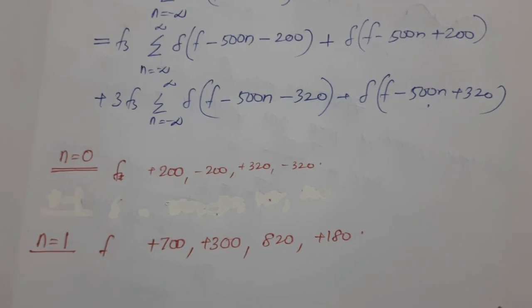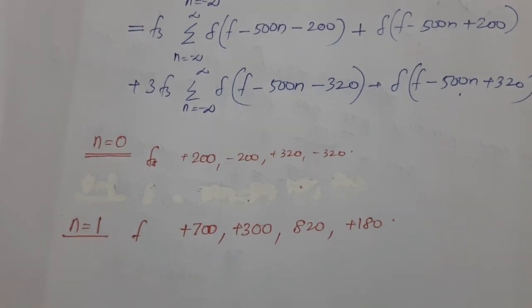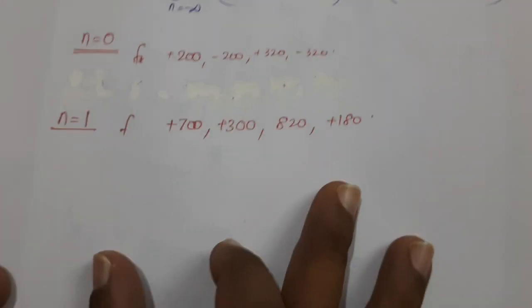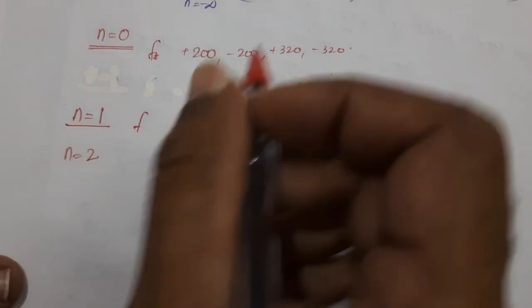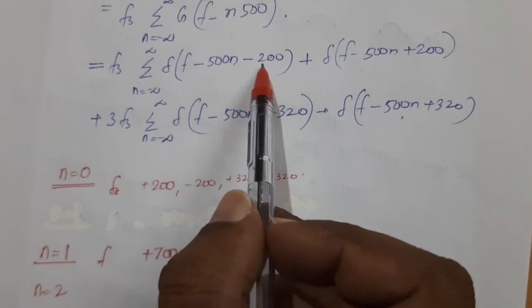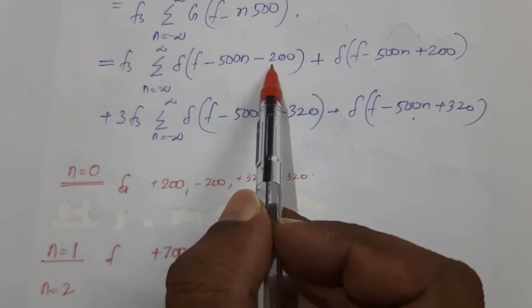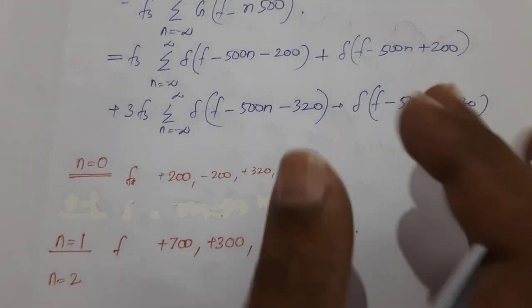Similarly, the mirror image will also come on the negative side. If n equals 2, the frequencies will be 1000 minus 200, that is 800, 1200, 1800, so anyway they will be coming outside.